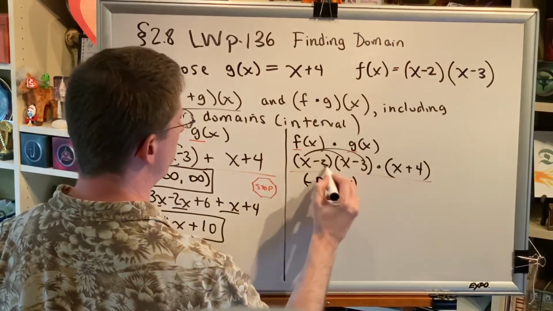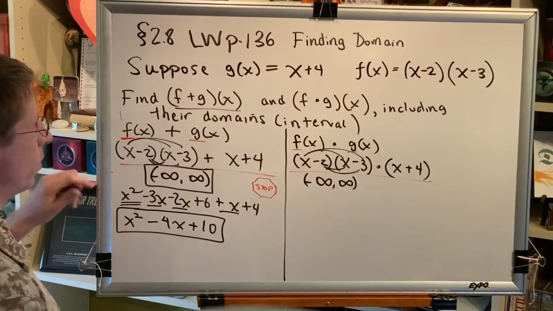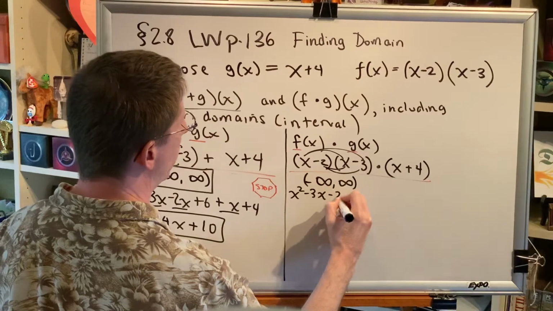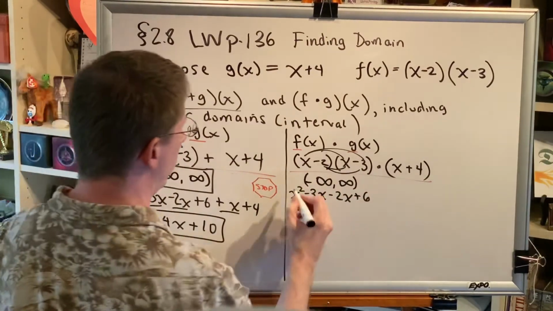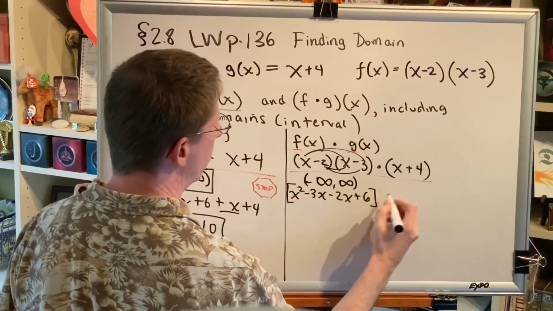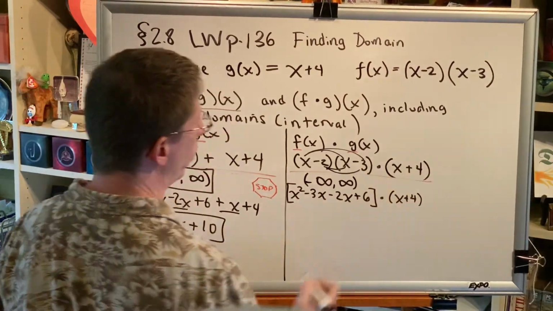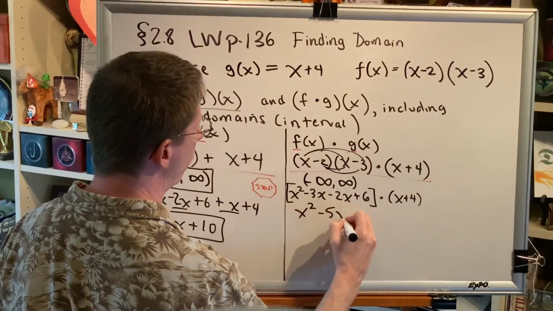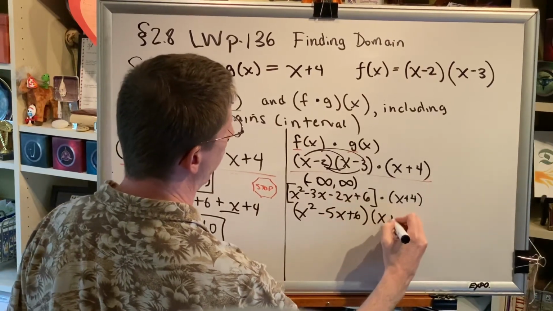Notice that this is the same part that we did a moment ago, and we're going to get the same result, which was x squared minus 3x minus 2x plus 6. However, this entire piece now must be multiplied by this x plus 4. We will, of course, simplify inside first. X squared minus 5x plus 6 times the x plus 4.